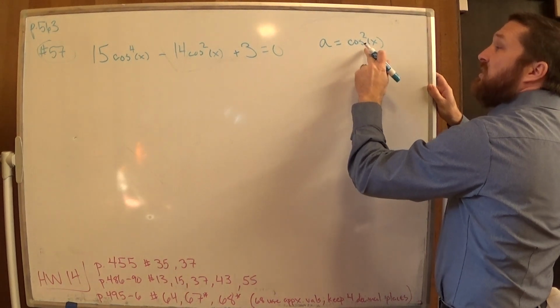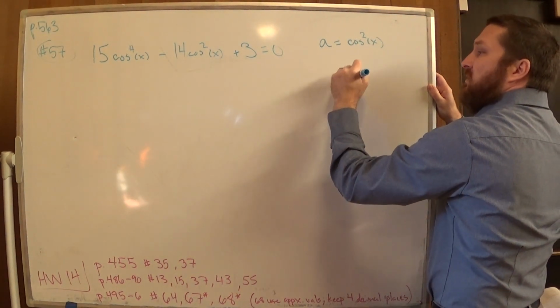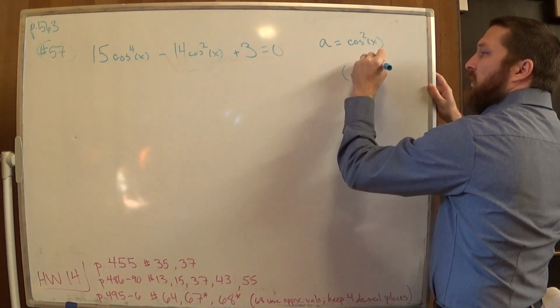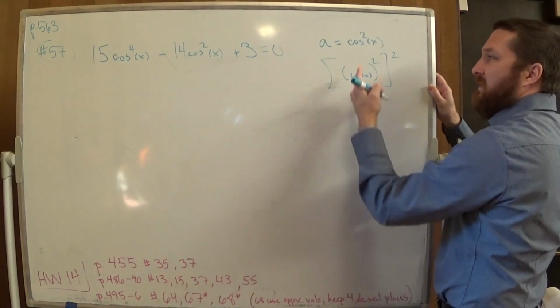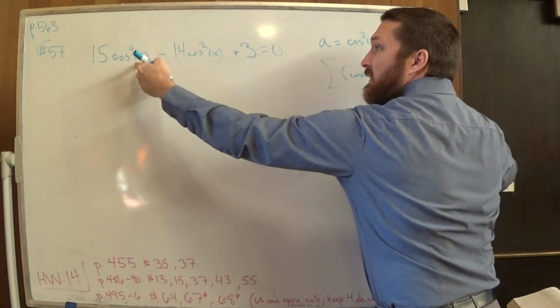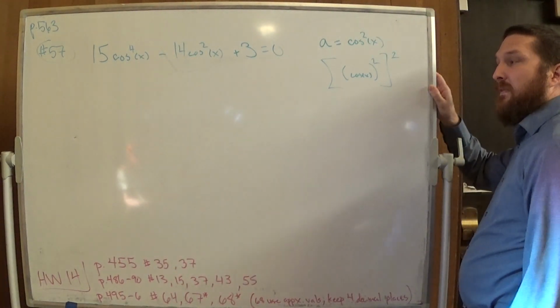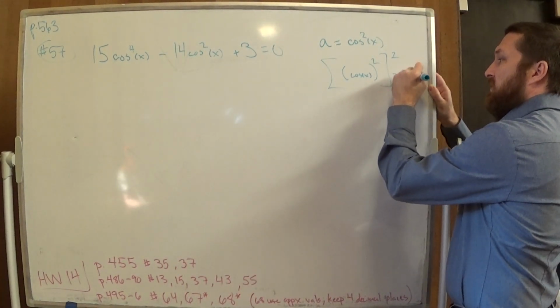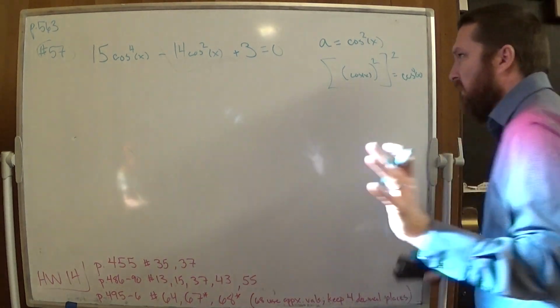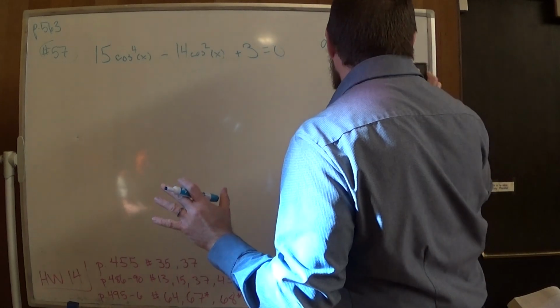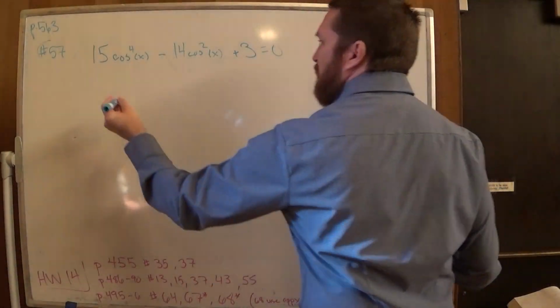Then if I square that, and remember this is just cosine x quantity squared, a squared gives me that thing right there, the same thing as cosine to the 4th x. Okay, so I'm not telling anybody anything new, right? Hopefully everybody should have got to this point, so then they can make this substitution.